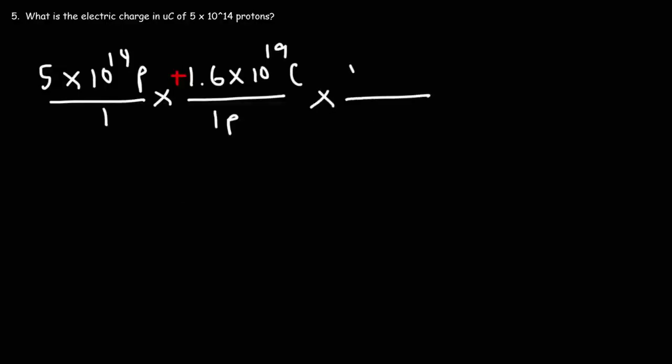And we know that 1 microcoulomb is 1 times 10 to the negative 6 coulombs. So the number of protons cancels and the charge in coulombs cancels. So we get the charge in microcoulombs.